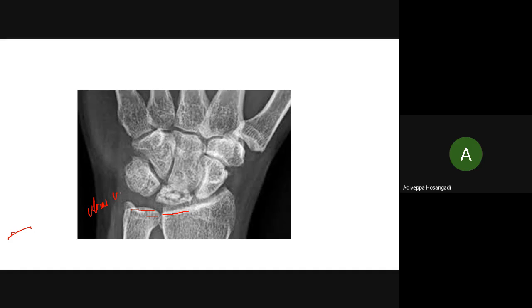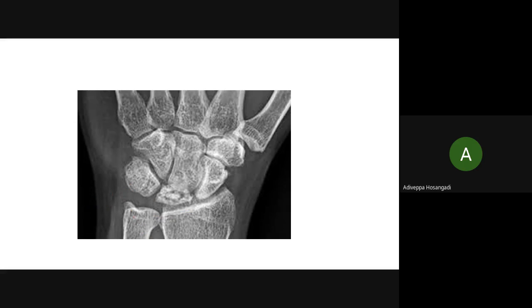This can be asked in one of your future exams. If ulnar head is little more protruded, it is a positive variance. If ulnar head is behind or below the radial surface, it is negative variance.